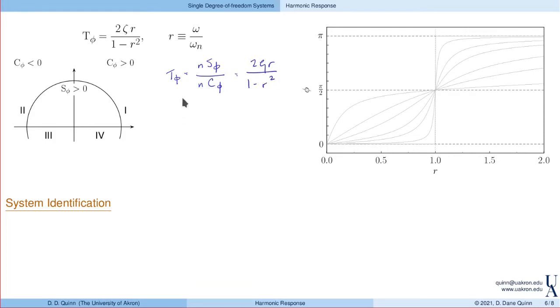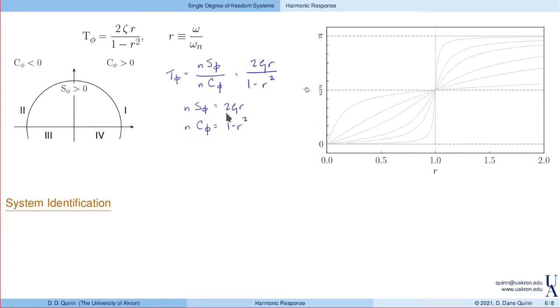So when it comes time to figuring out which quadrant we're in, are we in the first or the third if tangent is positive, or the fourth or the second if tangent is negative, really what we want to do is look at the sign of the numerator and the denominator. So here, n times sine is equal to 2 zeta r, and n times cosine is equal to 1 minus r squared. I'm not really making a big deal about what this constant is.